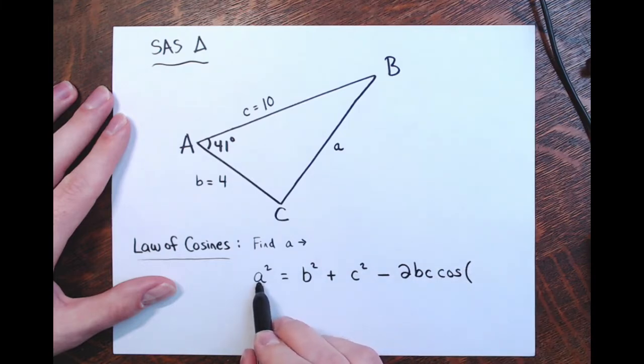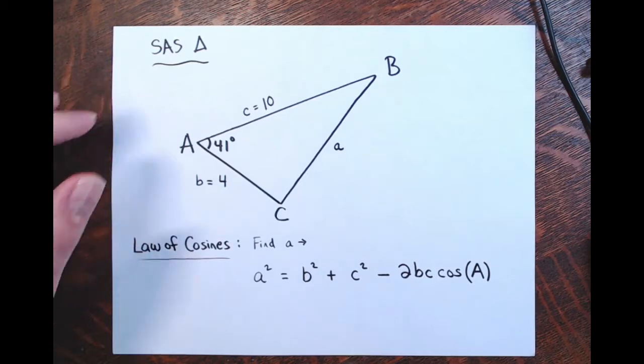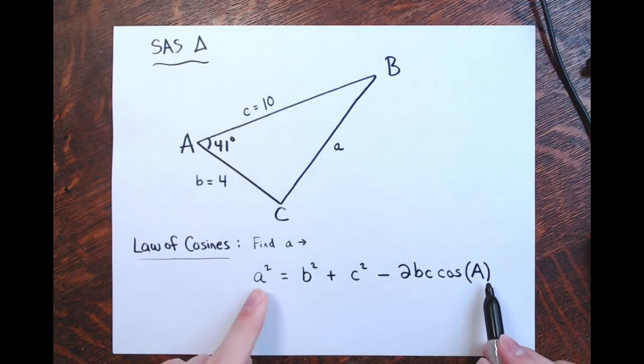So if I have a squared on this left side, I'm going to have angle A inside the cosine. So a squared equals b squared plus c squared minus this big product, 2 times b times c times the cosine of angle A, the angle opposite the side on the left side of the equation.